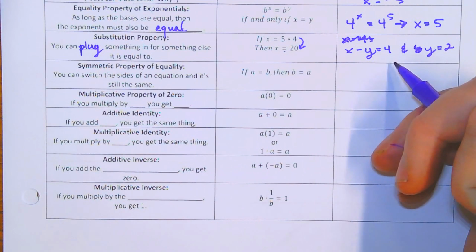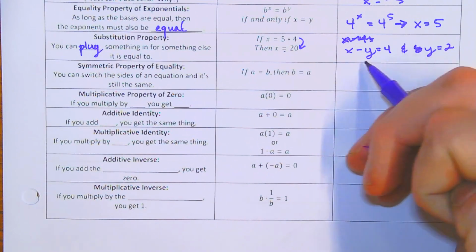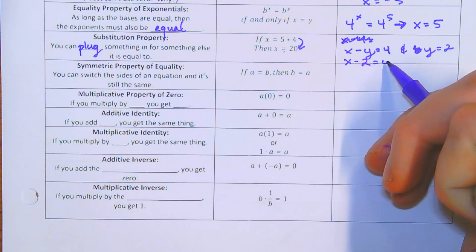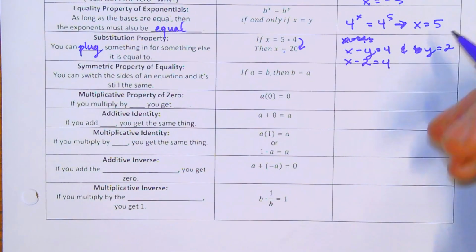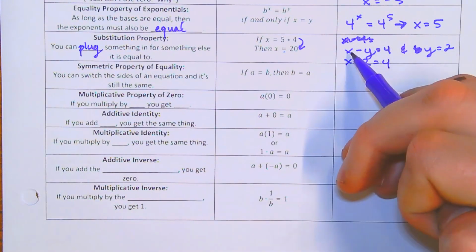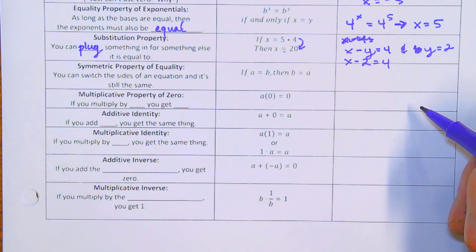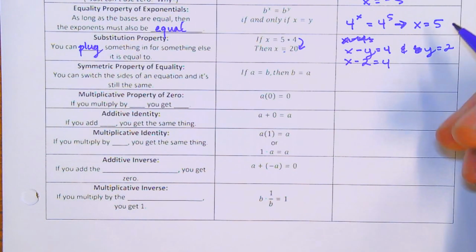Okay? If that's the case, then it's the same thing as saying x minus 2 equals 4. Okay? All it's saying is if y equals 2, and x minus y equals 4, then I can write it as x minus 2 equals 4 instead. Okay? All it is substituting things that are the same for each other.